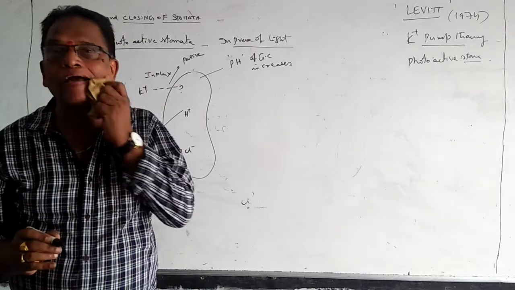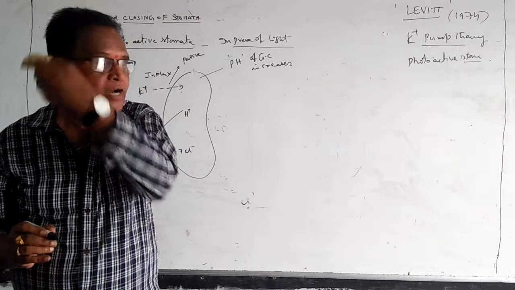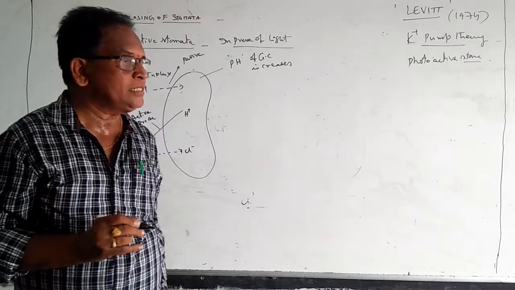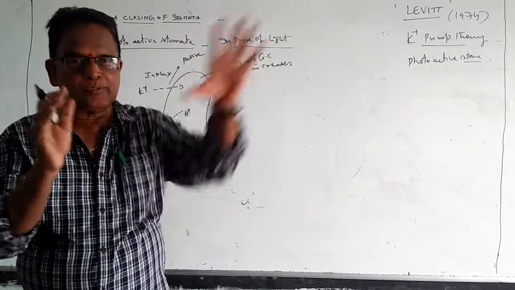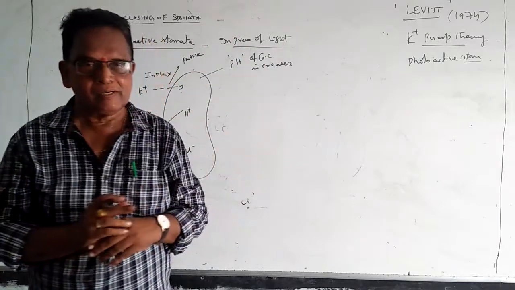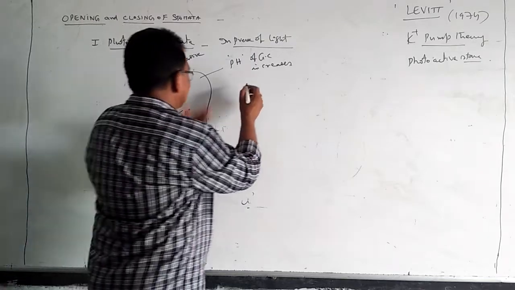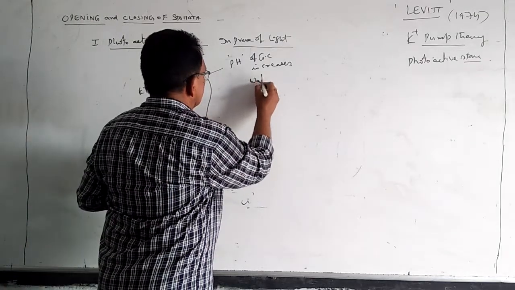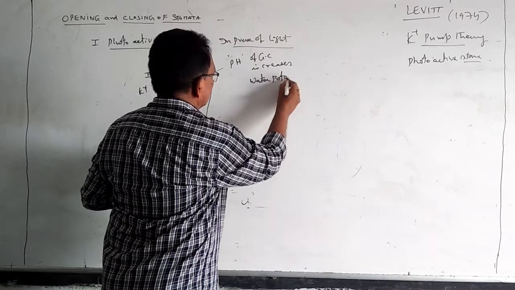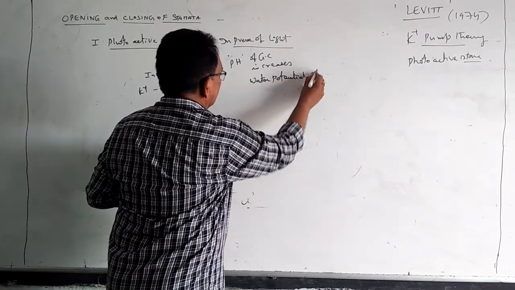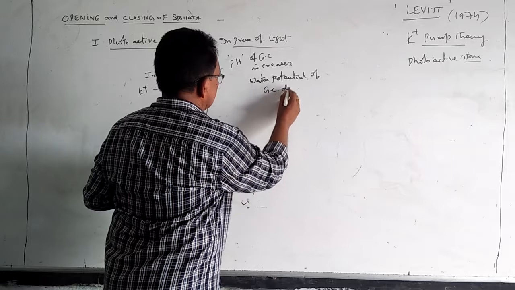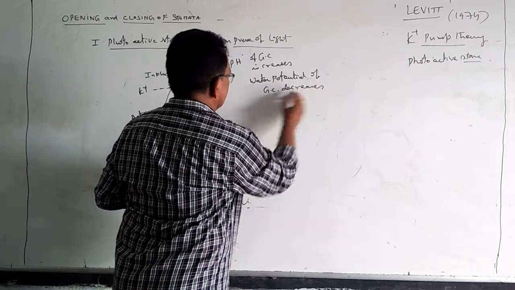By the entry of these anions, the guard cells become electrically equilibrated, and at this condition the water potential of the guard cells decreases.